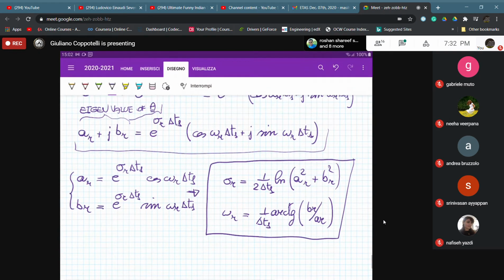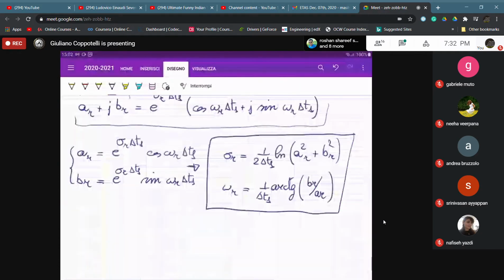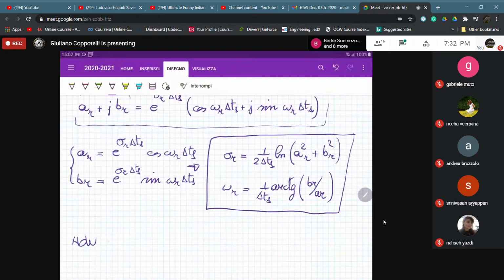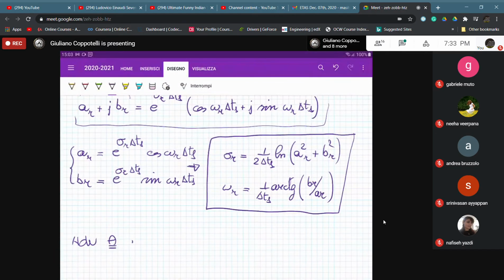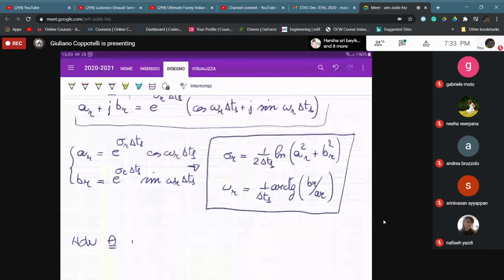Now, how could this state transition matrix be evaluated? So how is A evaluated?